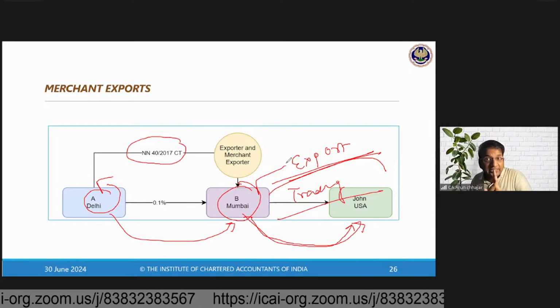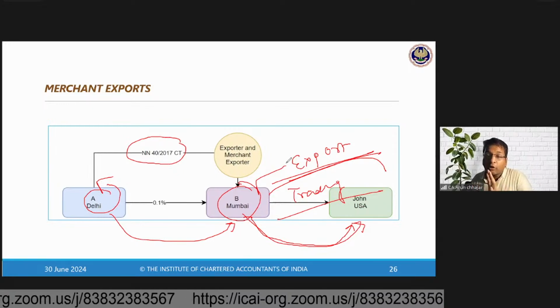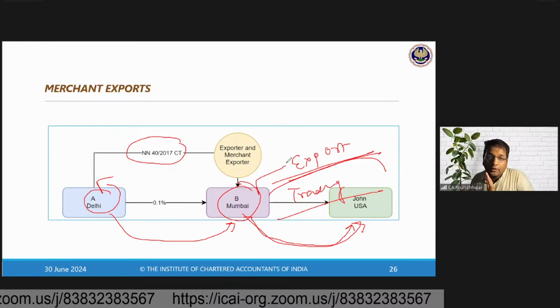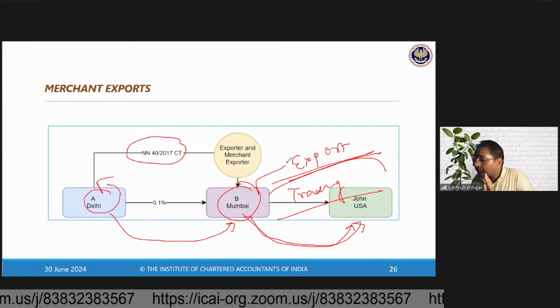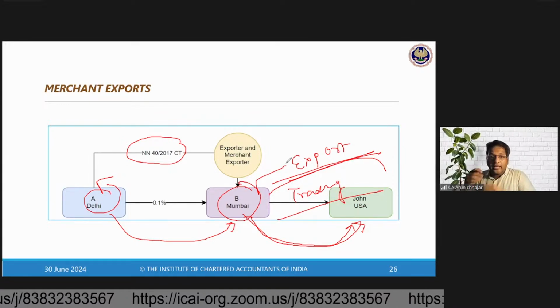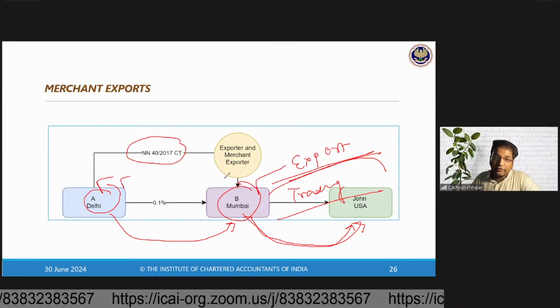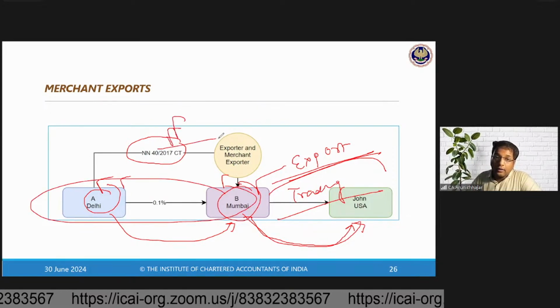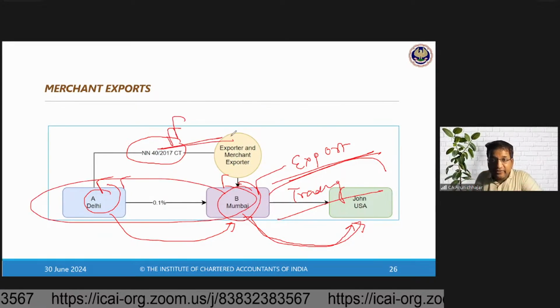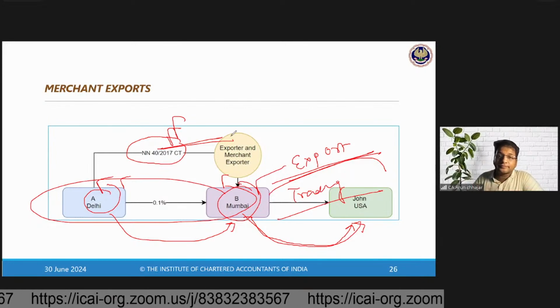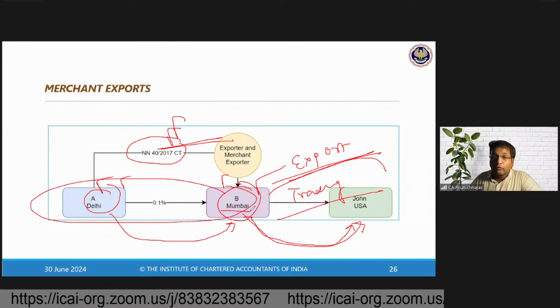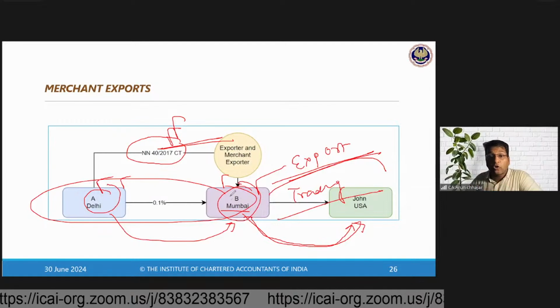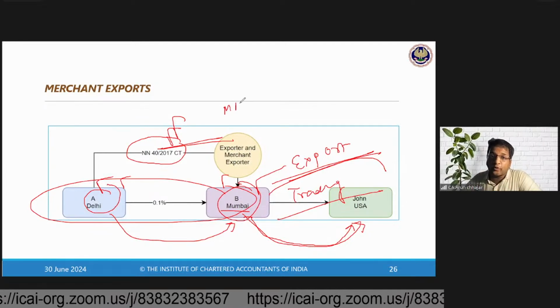It is not defined in the GST, but in layman language, in the nomenclature, that is the transaction which we call merchant export. If A is making the supply of the goods to B, and both are complying with the conditions given in this notification, then B, who is an exporter, is also called a merchant exporter.